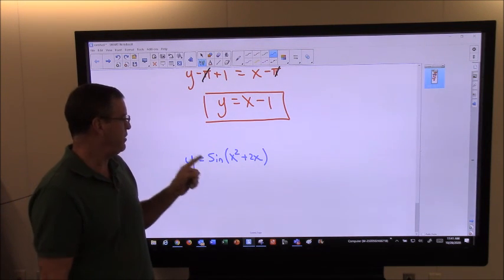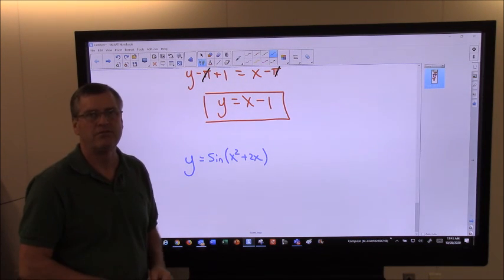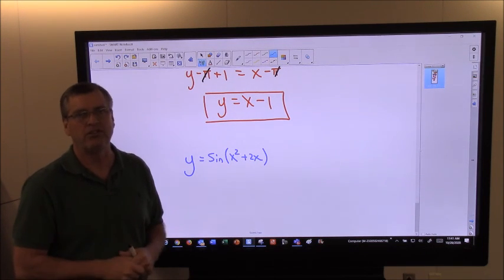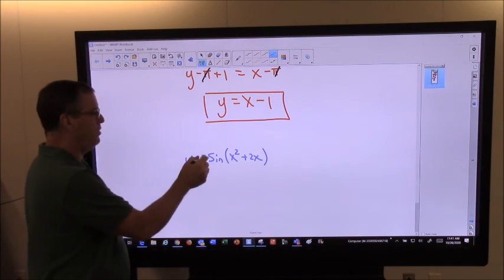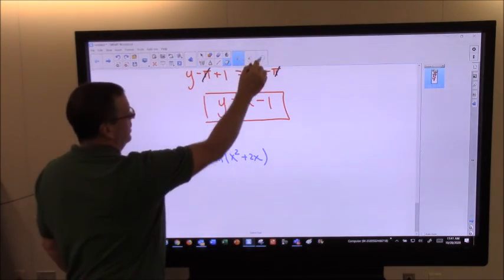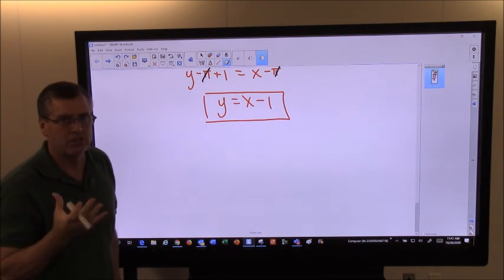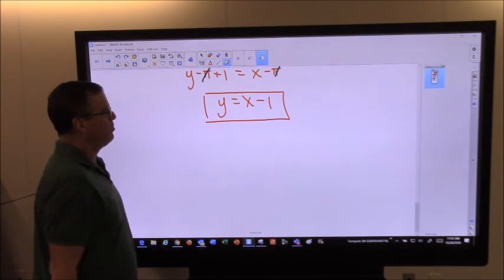The derivative of this is not the cosine of x squared plus 2x. Once our angles get messy, there's more work that we have to do. So we're not going to worry about that today, but I just want you to know everything's not as easy as what we just saw. It'll get a little more complicated. I don't think it's bad, but it's going to get a little more complicated. Okay, all right, that's what we have for today.